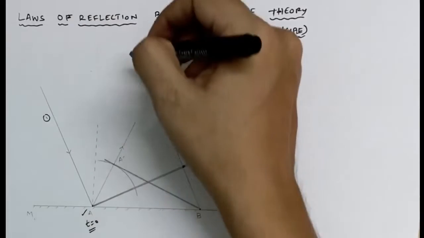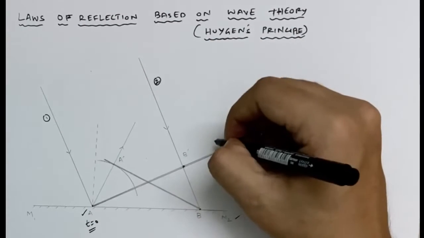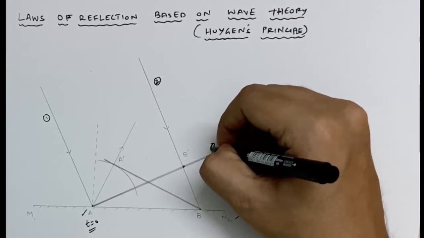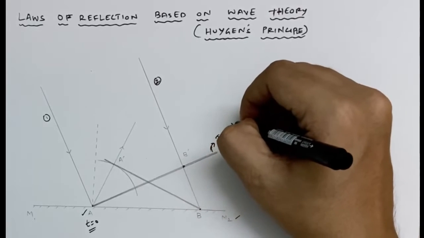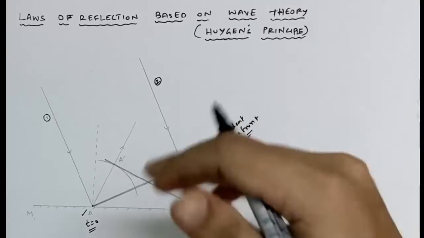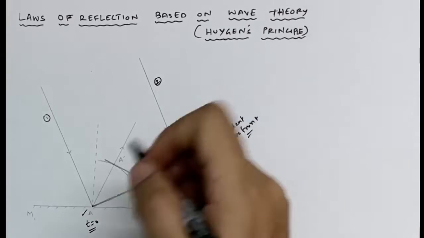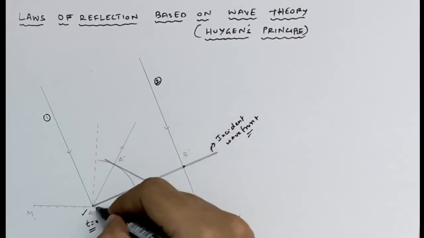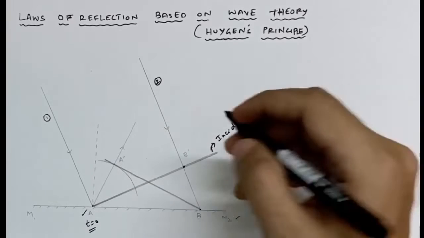After these incident rays are drawn, the first thing we need to do is draw the incident wavefront. We know that a wavefront is perpendicular to the ray. So by taking the perpendicularity, I just drew an incident wavefront.